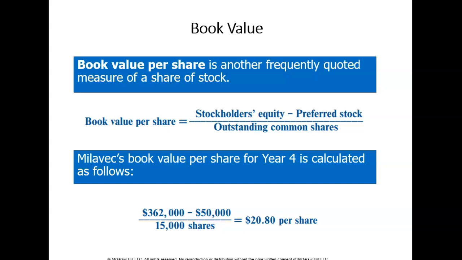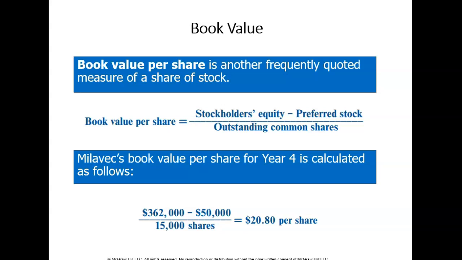On paper, you take your stockholders' equity minus any preferred stock a company issued, divided by the outstanding common shares. So again, not the average. Outstanding now will be what's outstanding at the end of the year, and that's $20.80 per share. So we're saying on paper, each share of stock you own is worth $20.80.